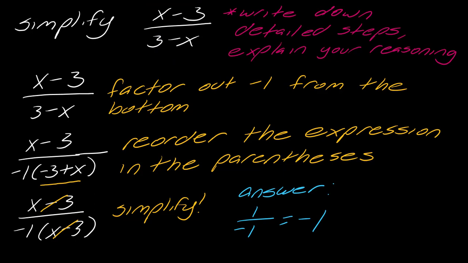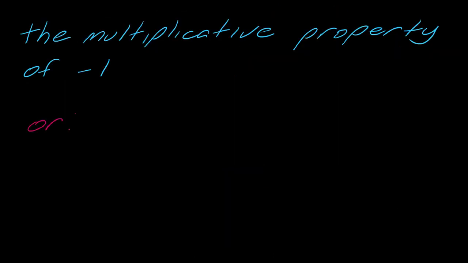One other note here: what is this trick actually called? This is something you do somewhat frequently with a lot of rational expressions. This is what's known as the multiplicative property of -1. Sometimes it's called that, but it doesn't have to be.